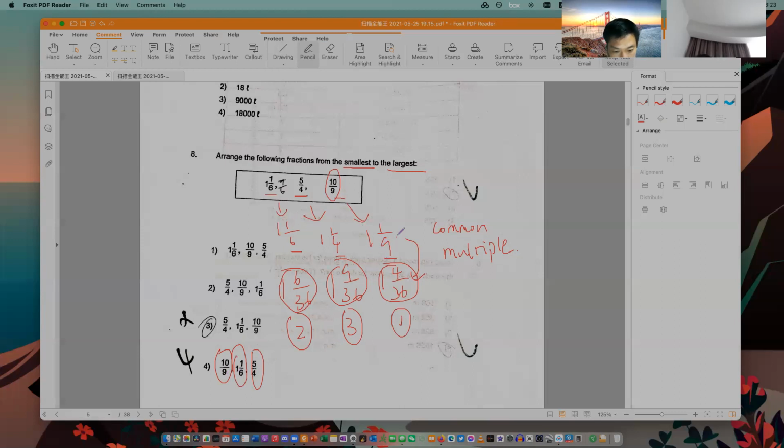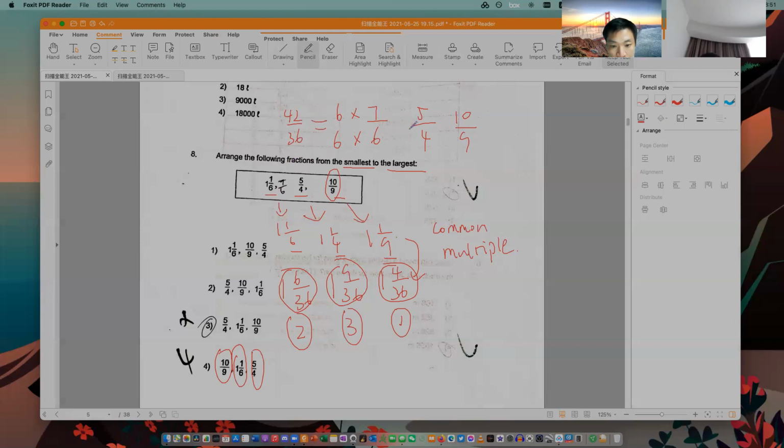Okay, why I prefer to do this question in this way, because I don't want to do it using the improper fraction. Okay, the reason is, if you change these three of them into improper fractions, your numerator is going to be a bit more complicated. So like you say, if you times the 6 here, then you get 42 over 36, right?